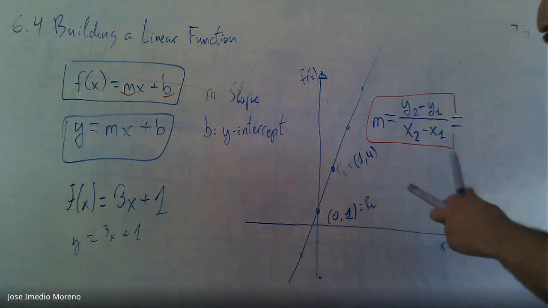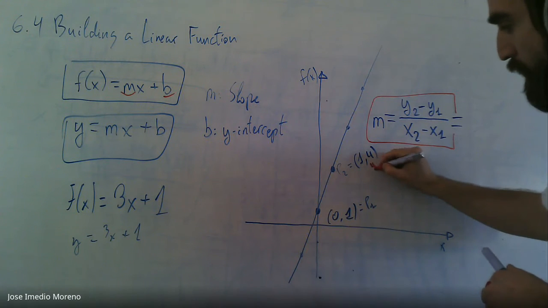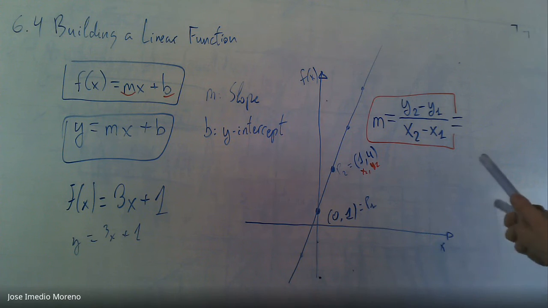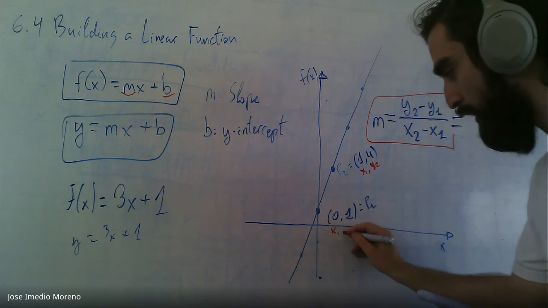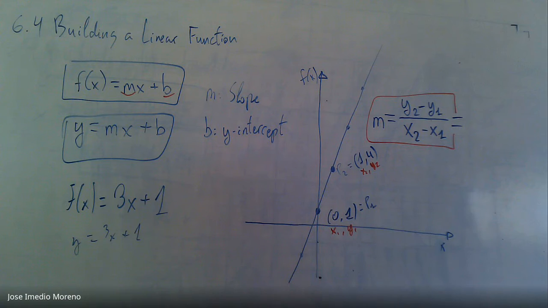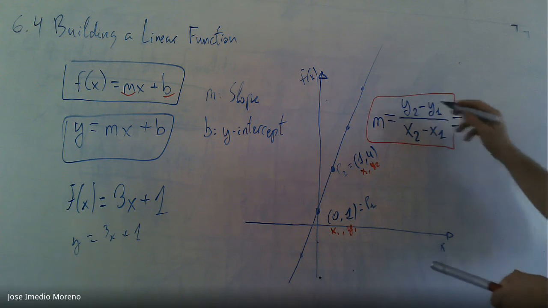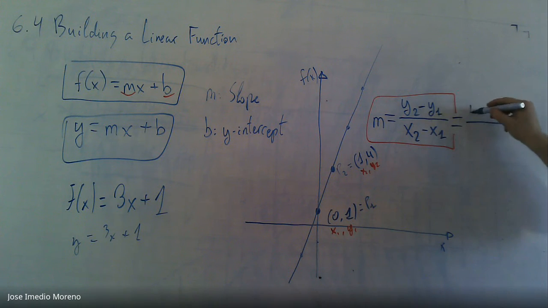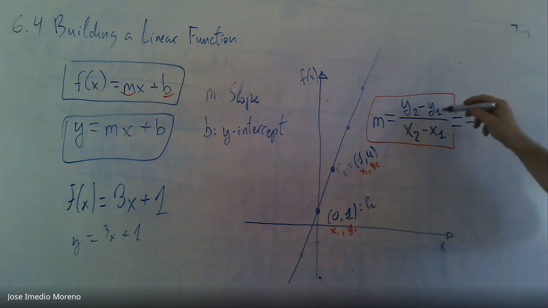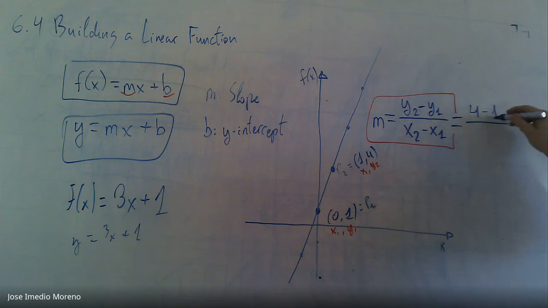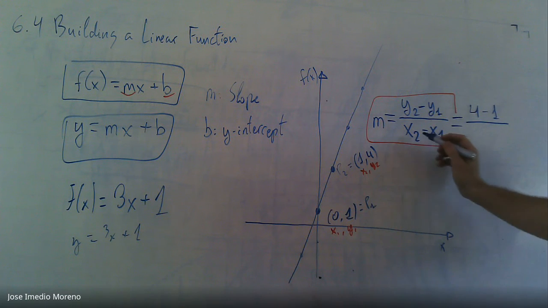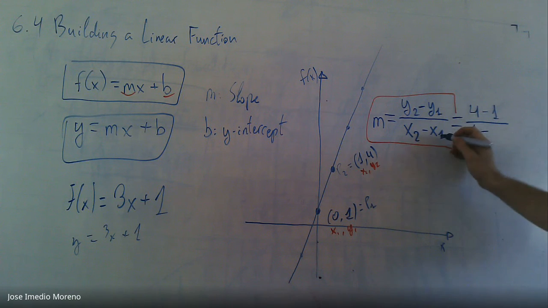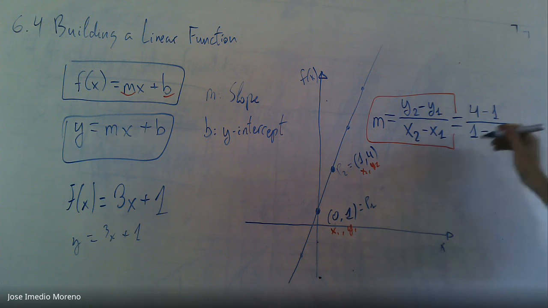y2 is the y-coordinate for this point. This is x2, y2, and here I have x1, y1. So what I do here is y2, which is 4, minus y1, which is 1, and then x2, which is 1, minus x1, which is 0.